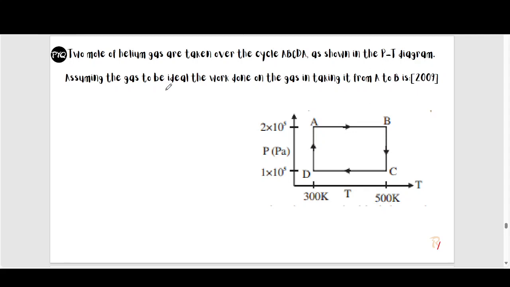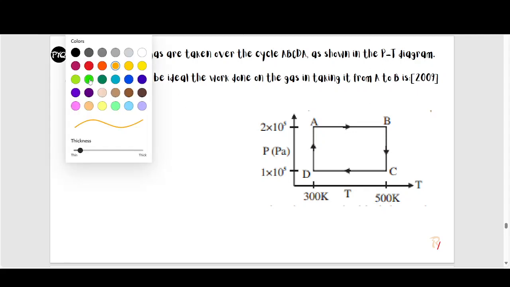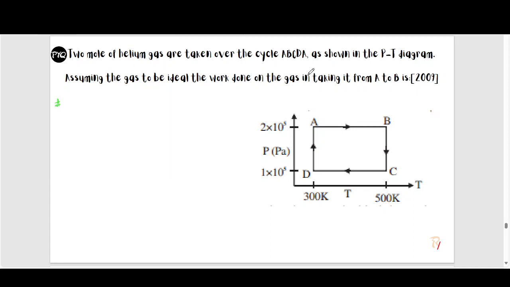Okay, coming back to this question, let me give another color to this. Two moles of helium gas, n equals 2 of a helium gas.